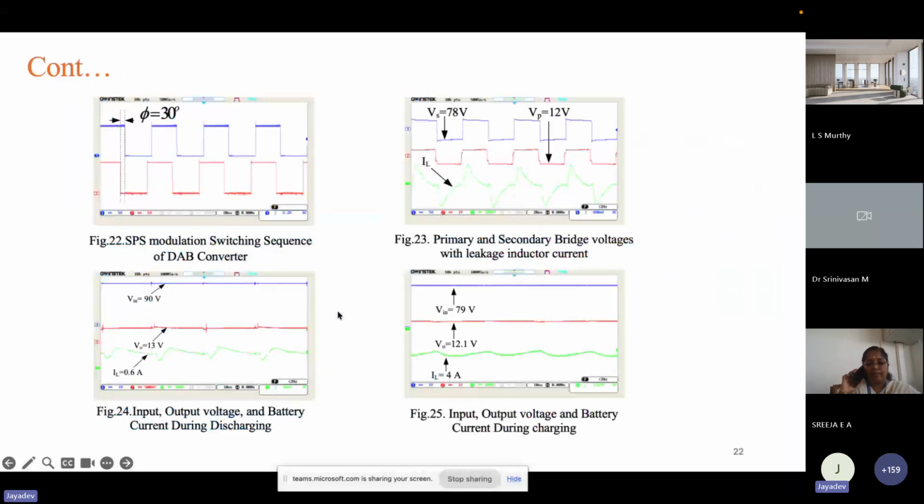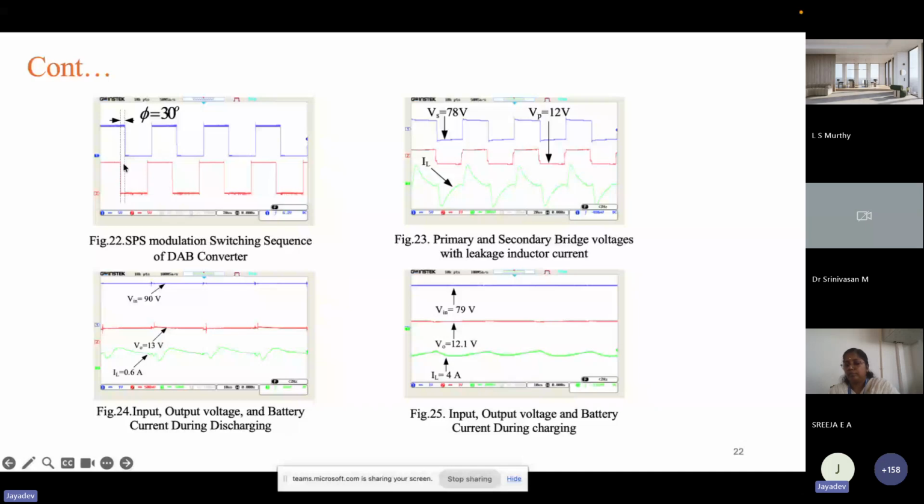Then we have tested our DAB converter for charging and discharging experimentally, also in SPS mode. Figure 22 shows the experimental value of the phase difference between the primary and the secondary voltage.